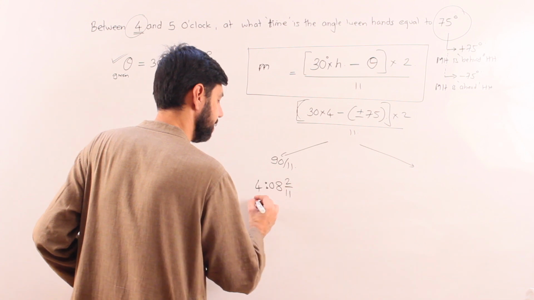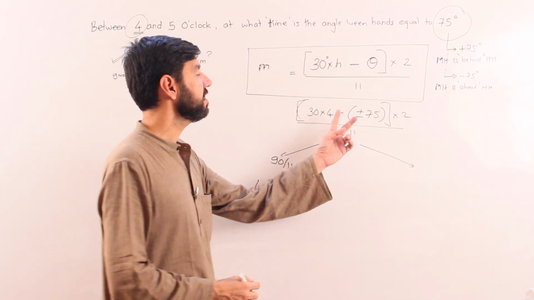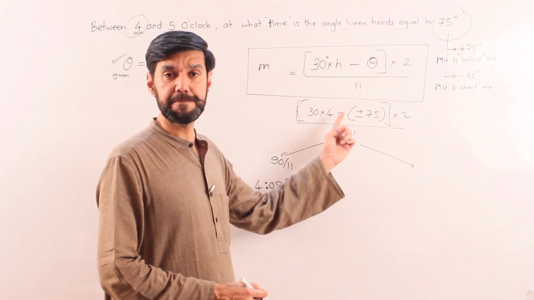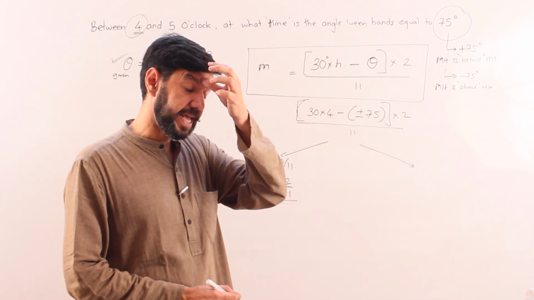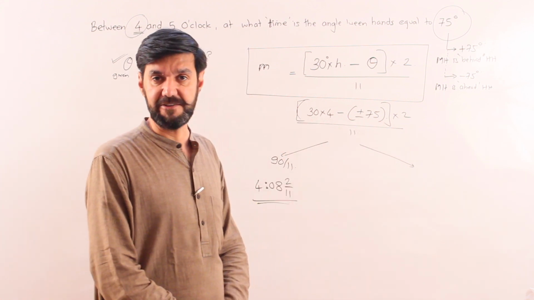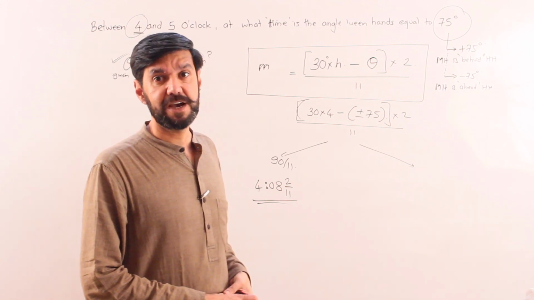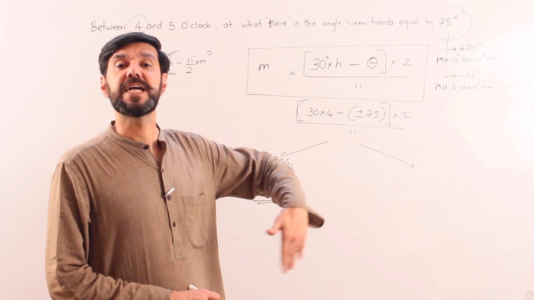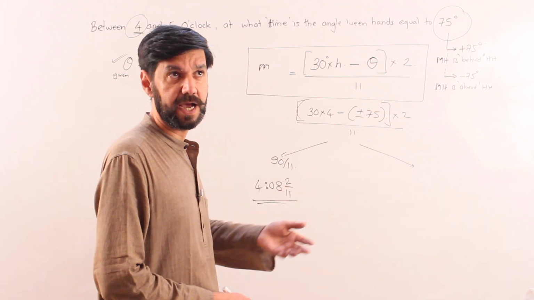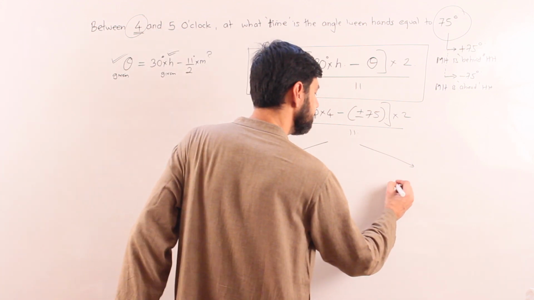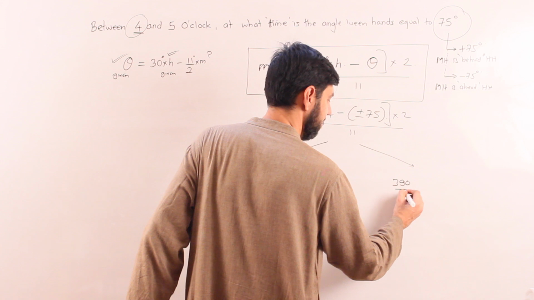This is one answer. And what's the other branch? Minus 75 will become a plus 75. 120 plus 75 will be 195. Double it. That will become 390 by 11.